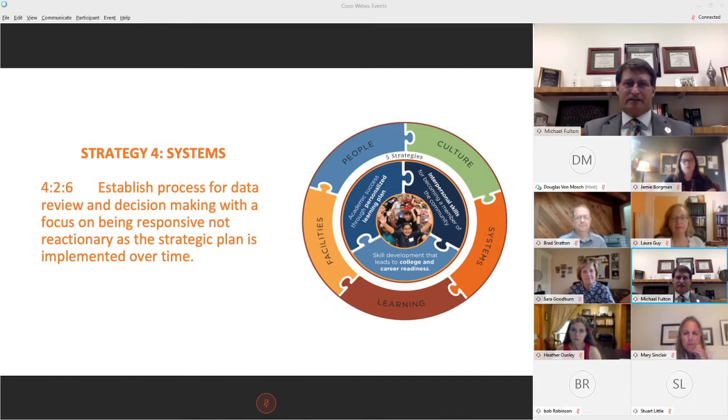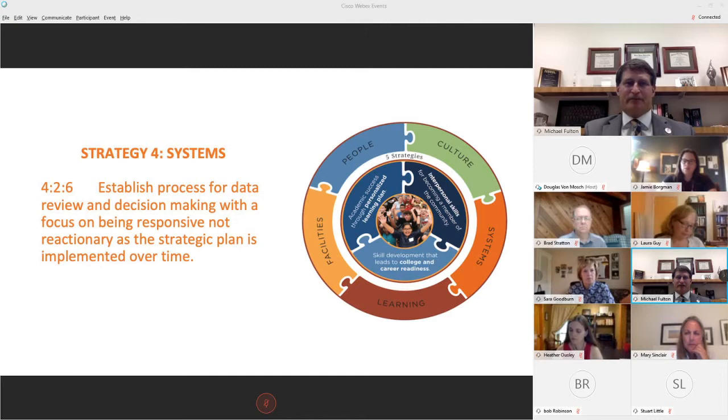Each strategy has specific action steps that contribute to helping students and adults collaborate in ways that support our children in their learning success.